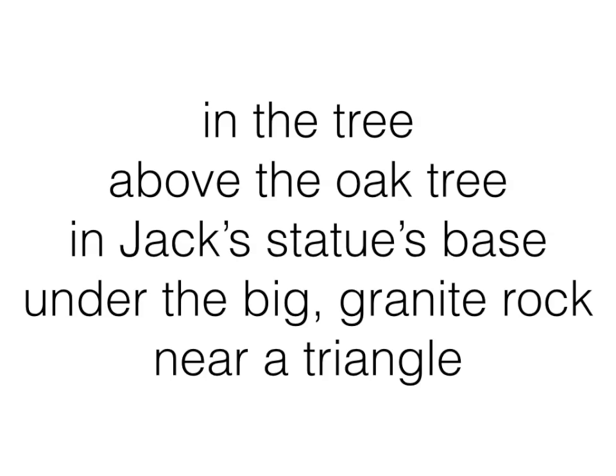So all those are prepositional phrases. You've got the preposition: in, above, in, under, near. You've got the noun: tree, base, rock, triangle. And those nouns are all the objects of the prepositions. We're going to have to be looking for these things and eliminating them from a sentence to see what's left.